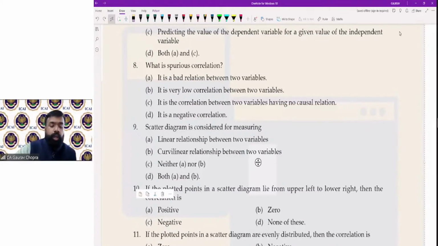Eighth one, what is spurious correlation?